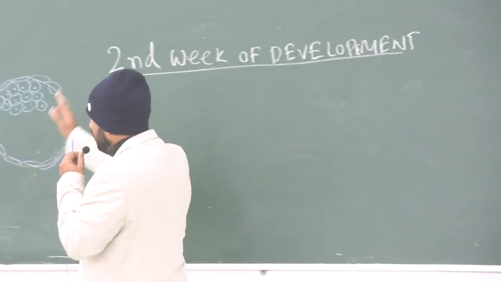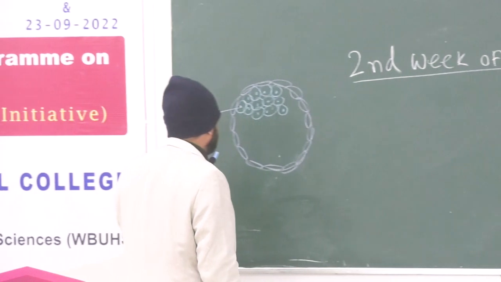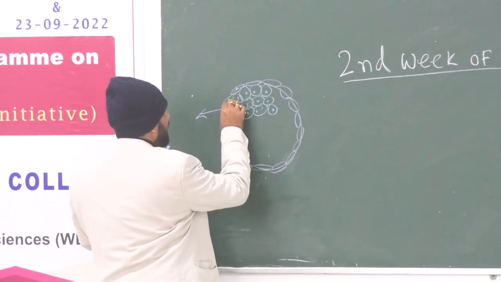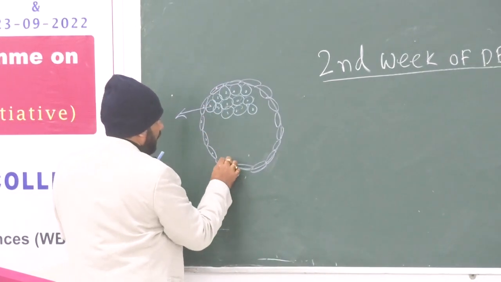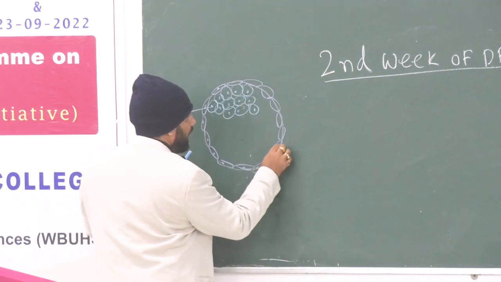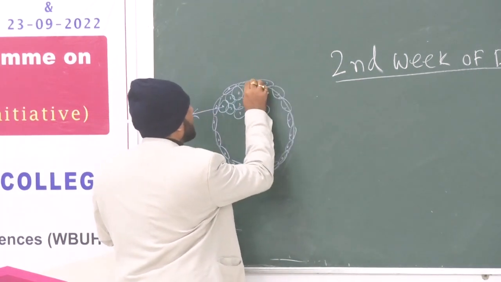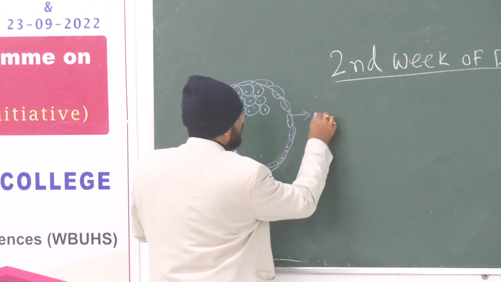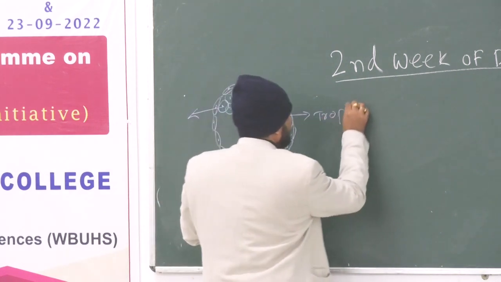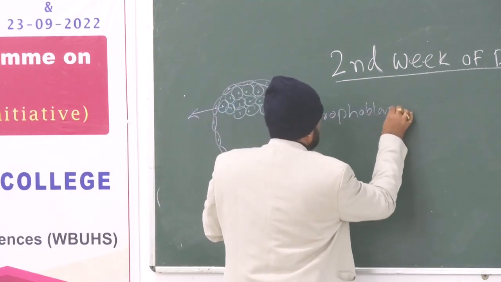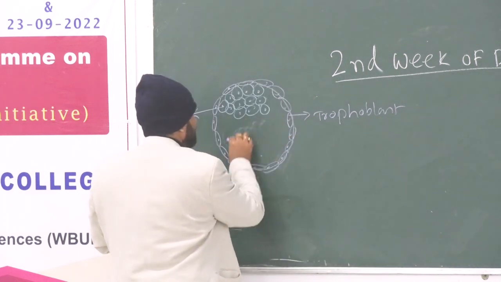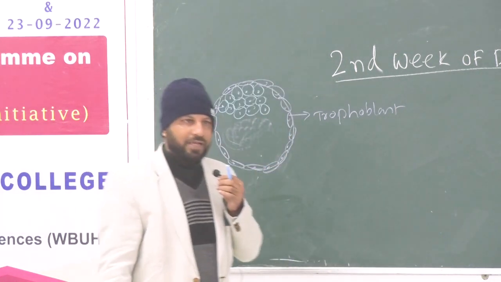It is pushed to one side of the cavity, and these are the flattened cells, the lining wall of the blastocyst cavity. It is called trophoblast. And this is the cavity, and here are the fluids in the blastocyst cavity.